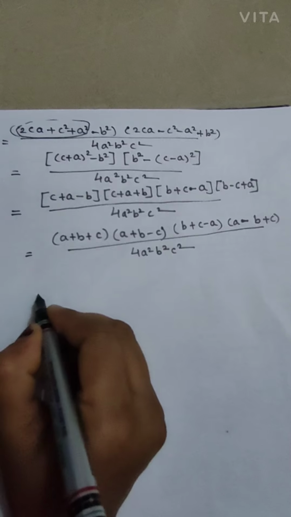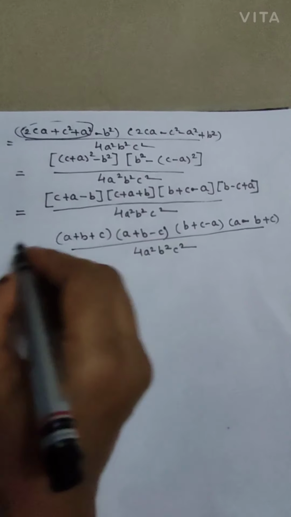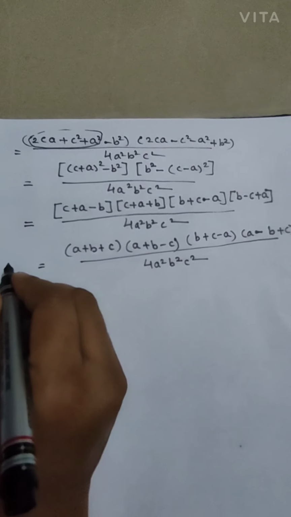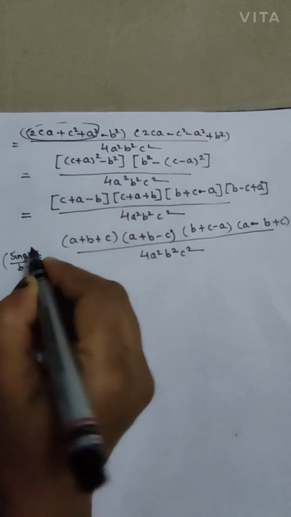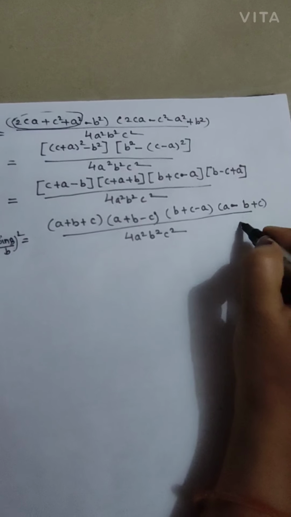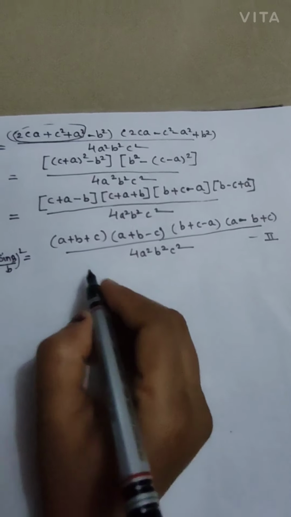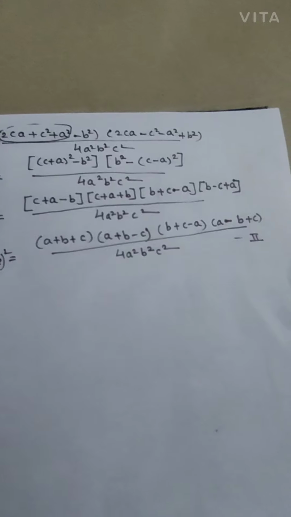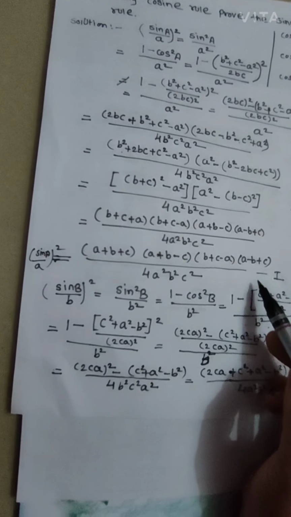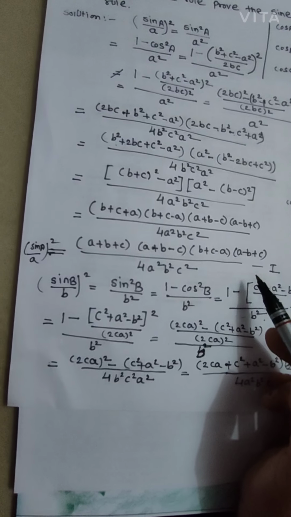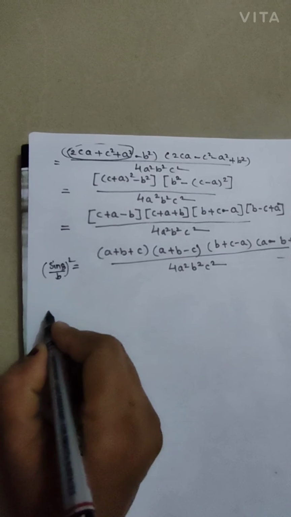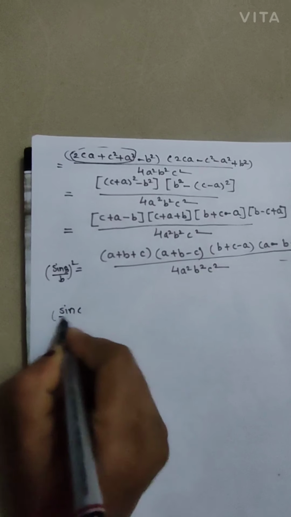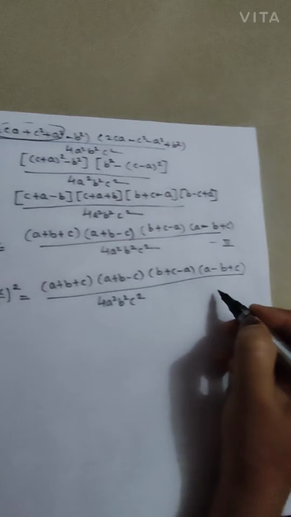Now look at this: the left hand side is sin b over b square, and this is our equation number 2. If I have equation 1 like this for sin a upon a whole square, and equation number 2 like this, can I make this for sin c over c square as number third?